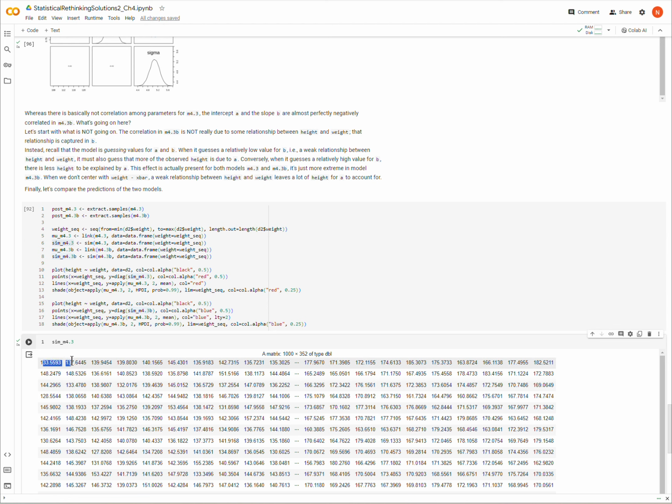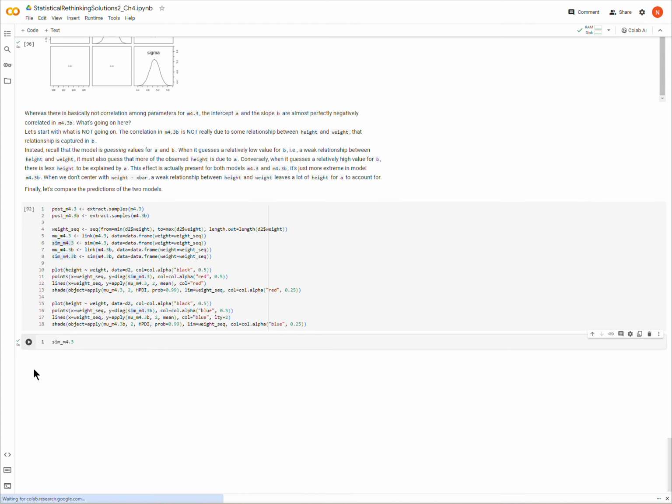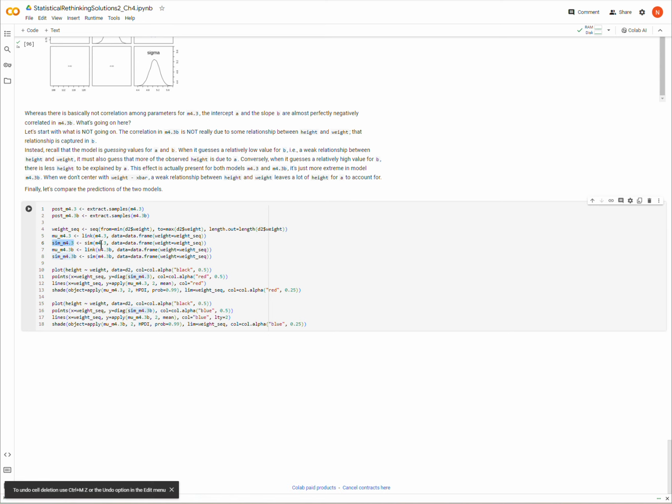This is one set of parameter values, and this is another set, and this is another set of parameter values from the posterior distribution. But this differs from the link function, or from the mu objects, in that this one adds in the sigma, the variance, or the standard deviation. So this is actually trying to replicate data, whereas the mu is just trying to show you the mean at each weight value. And you'll see these in just a second.